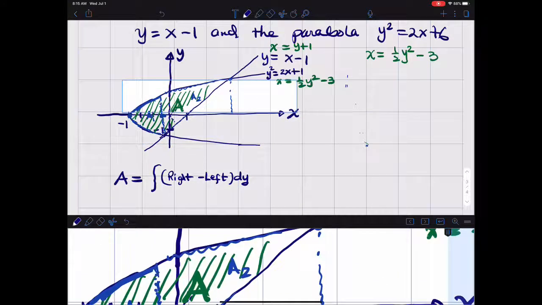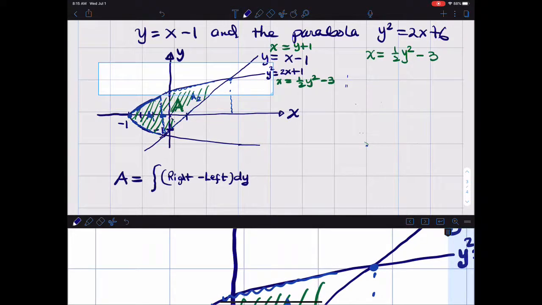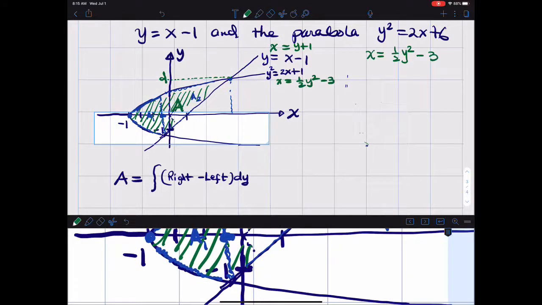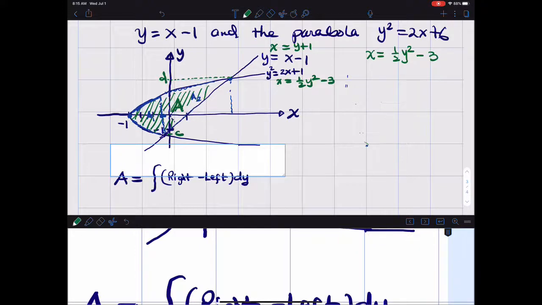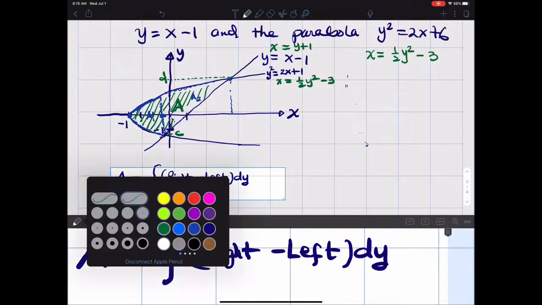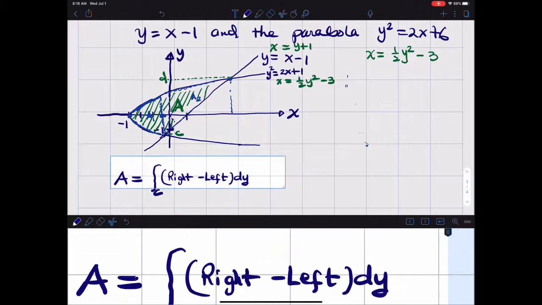But we would like to know the y values that we're integrating from. We're integrating from here, let's call this c, up to there, let's call this d. So we're integrating from c to d.